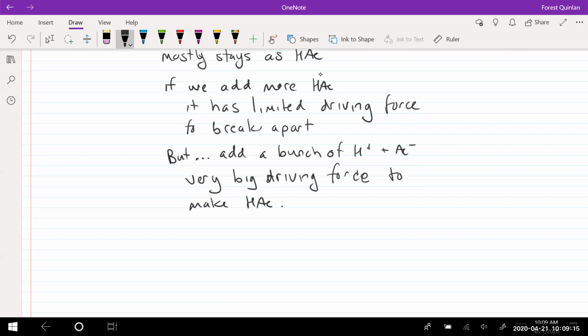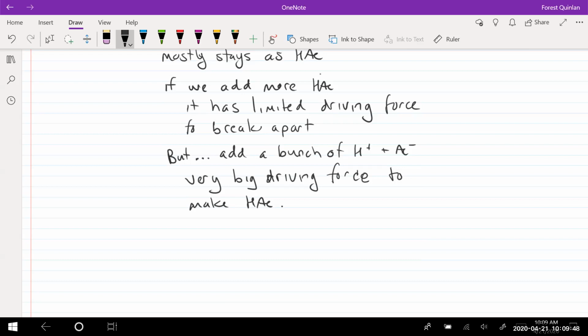So when we talk about the spontaneous, we're going to look and see the bonds before, the bonds after, and whether or not you have an entropy increase or decrease. All of these are going to tell you when you dump that in, is that going to want to go? So look at the H's and the Ac's. If you make them come back together, you technically put them in a more ordered place. Well, nature does not like that.